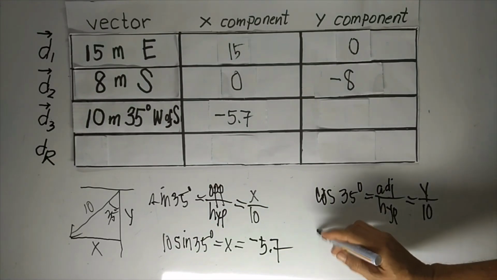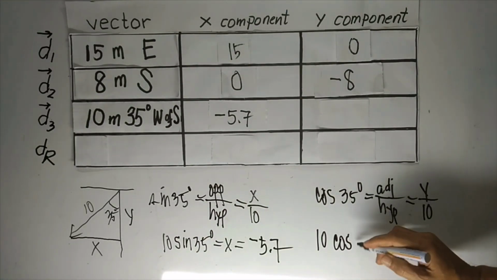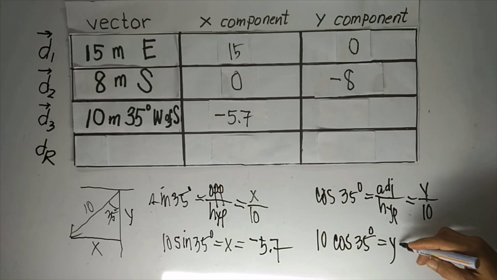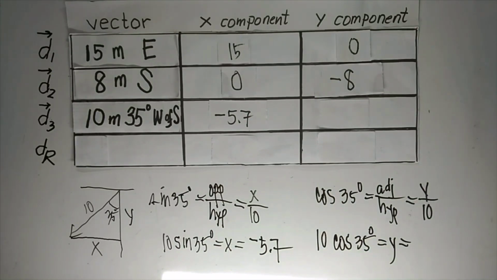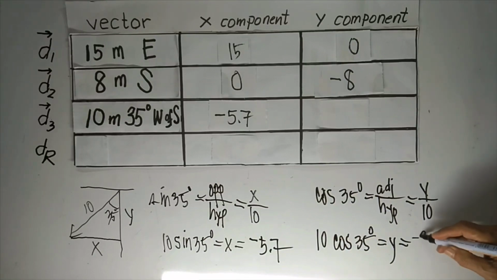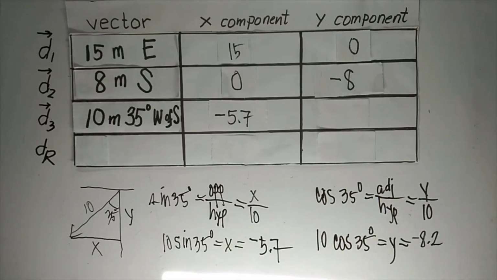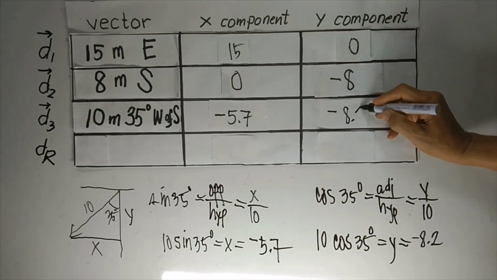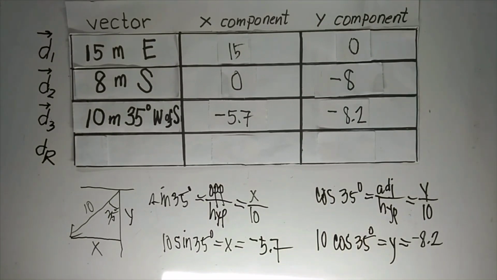Simplifying, 10 times cosine 35 degrees is equal to y, which from your calculator will give us a value of negative 8.2. The x and y components are negative because the vector is found in the third quadrant.